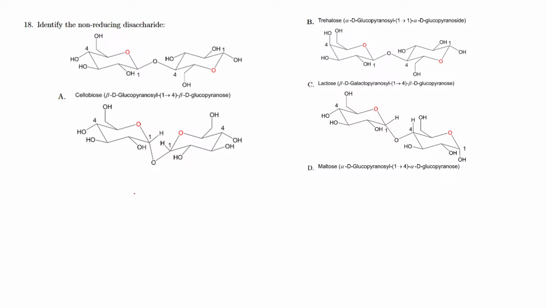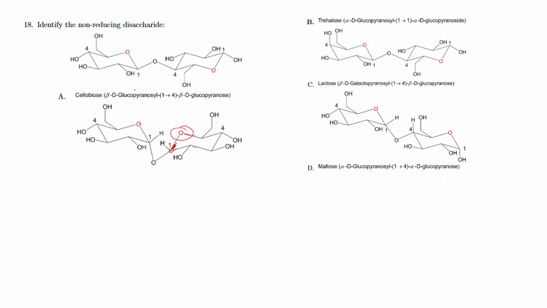So what is an anomeric carbon? Anomeric carbon is that carbon which is directly attached to the aldehyde or the ketone group that is forming the ring. So this is the anomeric carbon side.